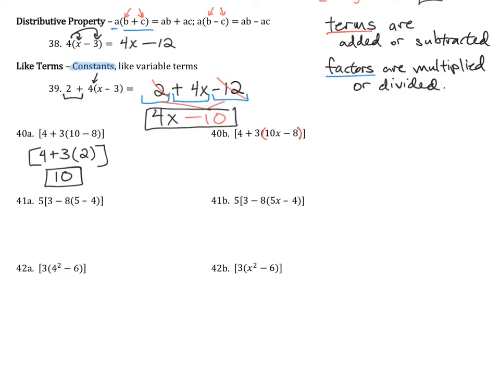We can multiply 3 times 10x and 3 times negative 8. In this case, I made a big deal about keeping the grouping symbols because we haven't used them yet. We are using the parentheses to mean multiplication, so we don't have to use these parenthesis grouping symbols anymore. This is just 30x minus 8. And that plus 4 is still there.